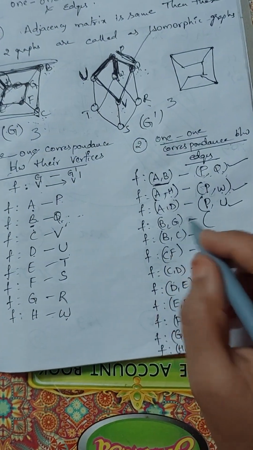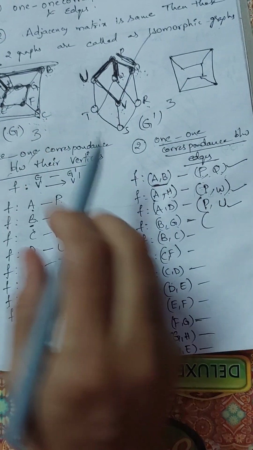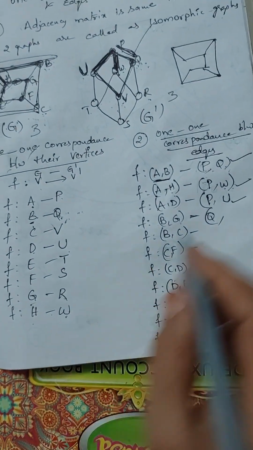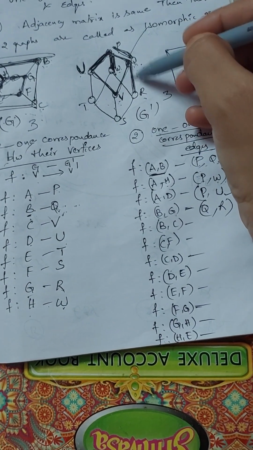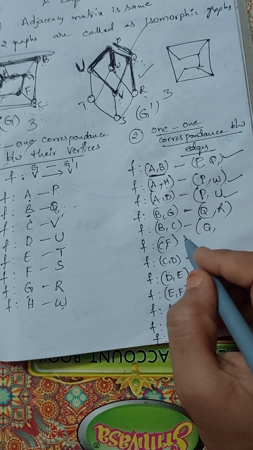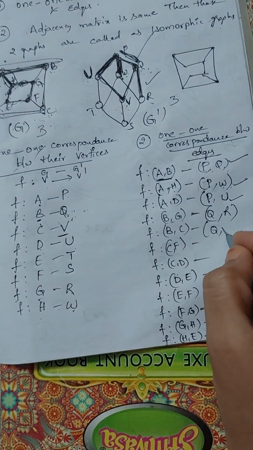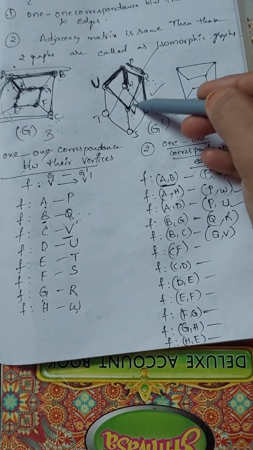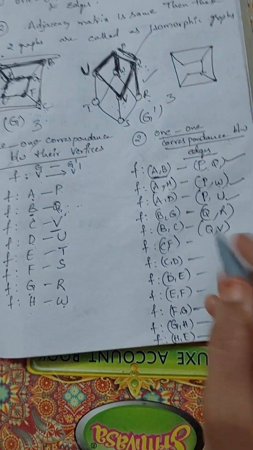Likewise B to G. B is mapping with Q, G is mapping with R. So compulsorily Q to R there is an edge present. Is it right? Next, B is mapping with Q, C is mapping with V. So Q to V edge is also present.